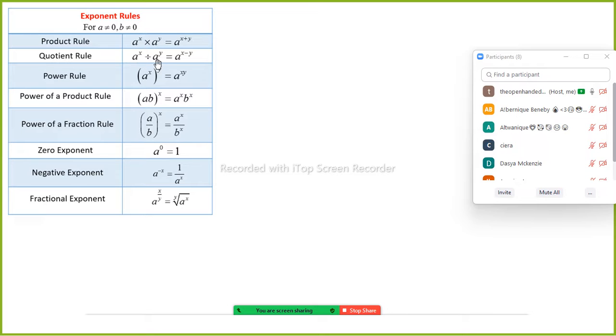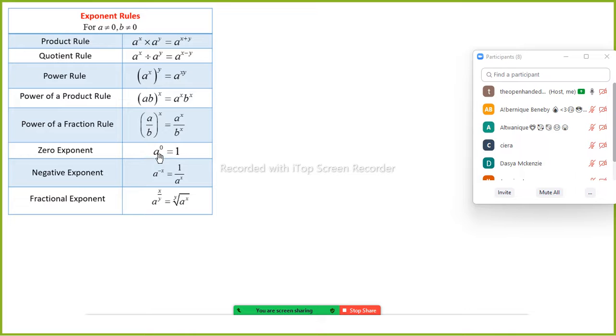If I have the same base and I'm dividing, I can subtract the powers. This one says if I have a power on the inside and a power on the outside, I can multiply the powers. This one says if I have 2 terms inside and a power on the outside, I can distribute the power. This one says that if I have 2 terms being divided, I can distribute the power.